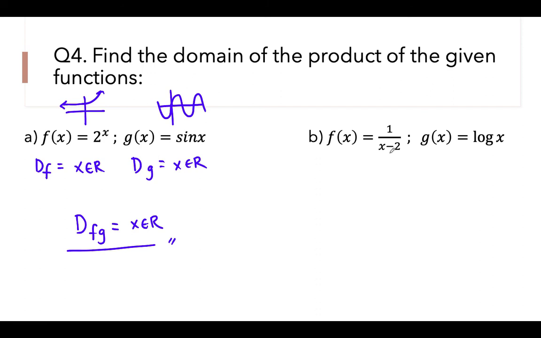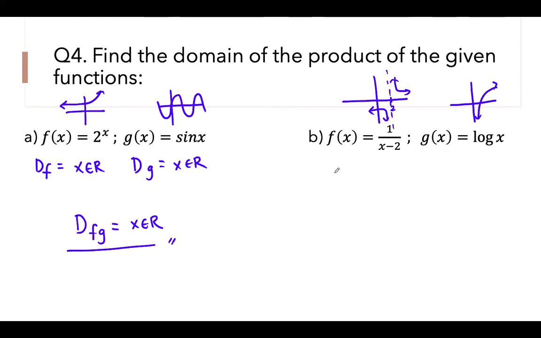Next, we're given a reciprocal function. For the reciprocal function, it looks like we have a vertical asymptote at 2. So it's going to look something like this. And we're given a log function. So it looks like that.